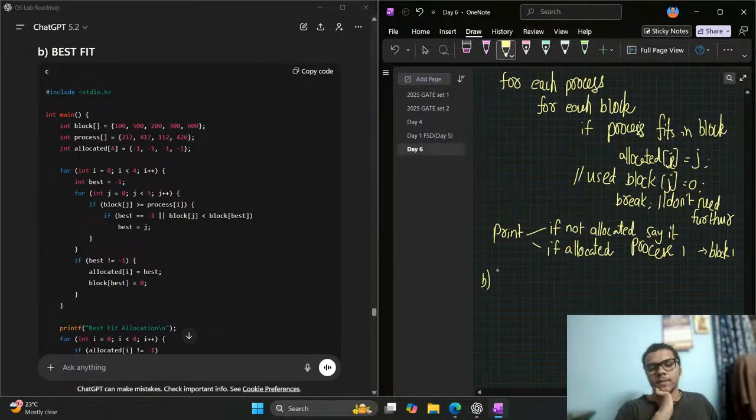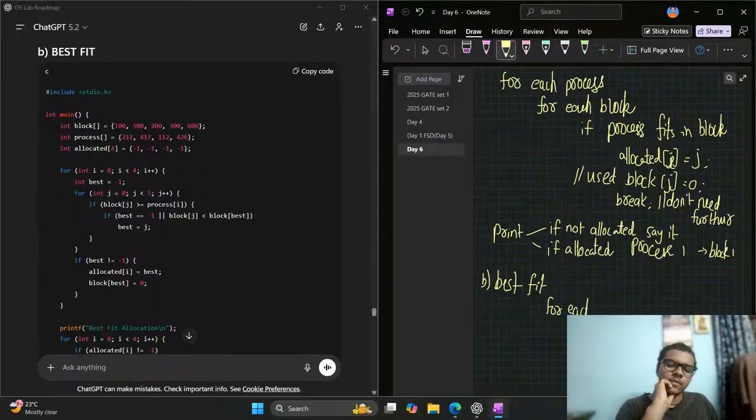Best fit. For each process, best is equal to -1, the best block.